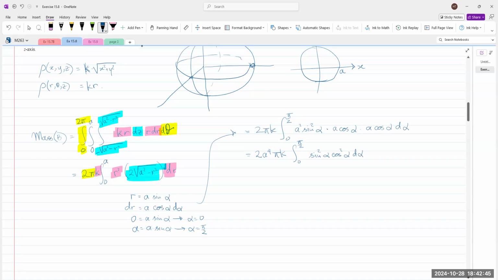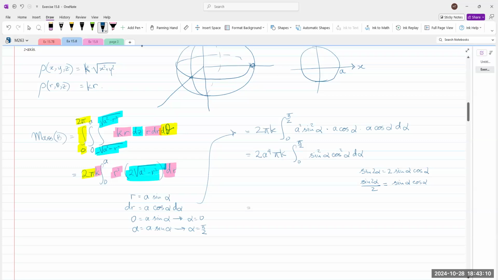Now remember that sine 2 alpha equals 2 sine alpha cosine alpha. So sine alpha cosine alpha can be substituted by sine 2 alpha over 2.